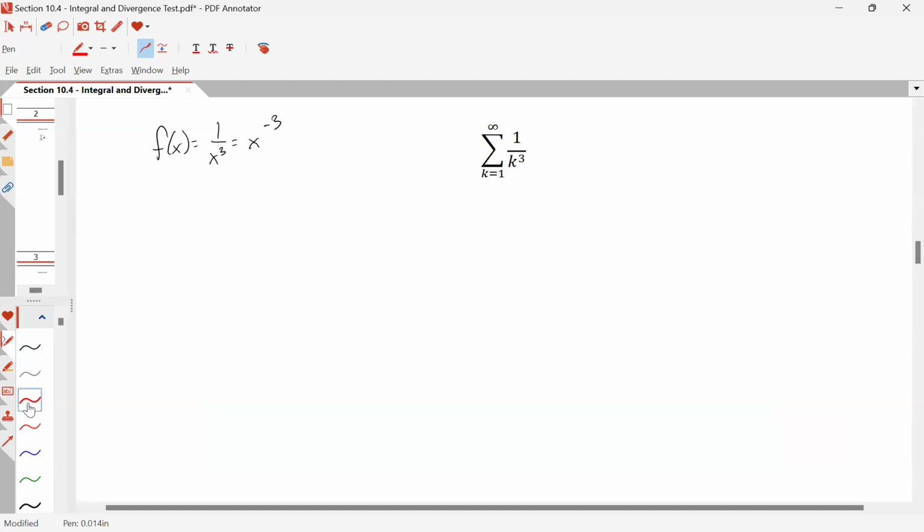And the three questions are, is f of x continuous for x greater than or equal to 1?